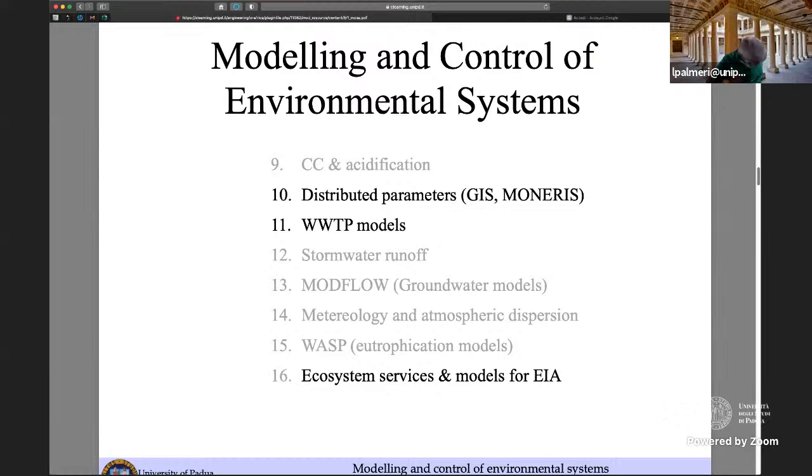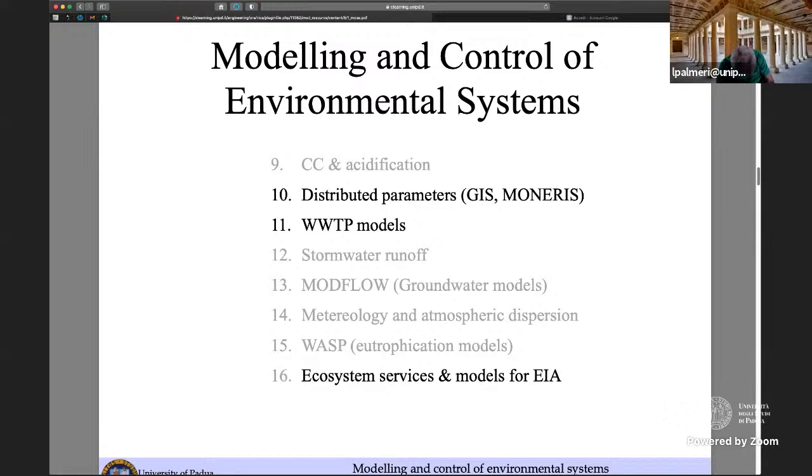We will have a complete lecture in which we will try to describe the topic of distributed parameters models. As we will see soon, we may classify ecological models or mathematical models in reality into two very broad classes: aggregated and distributed parameters.